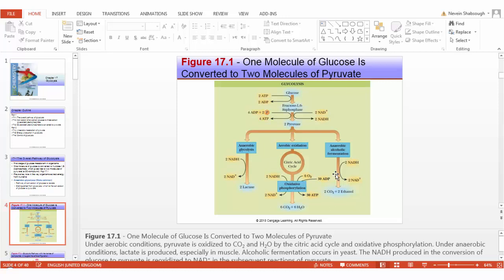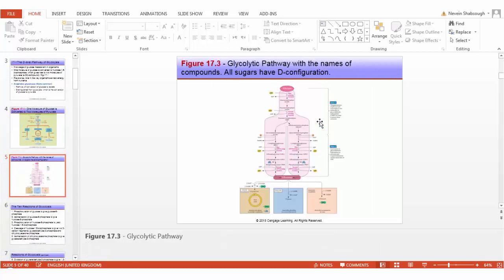Now, in all of these reactions, the conversion of glucose to a product is an oxidation reaction, which means it requires an accompanying reduction reaction in which NAD+, the oxidizing agent, is reduced to NADH. So figure 17.3 shows the reaction sequence with the names of the compounds.